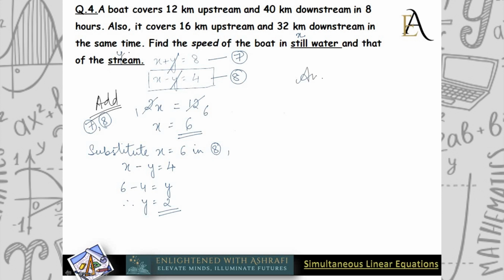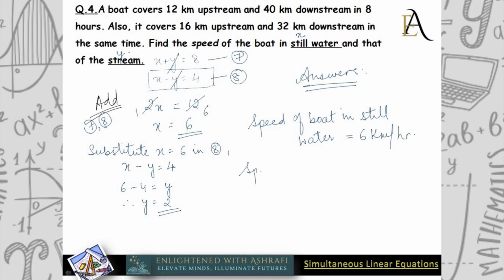Therefore the final answer is the speed of the boat in still water is 6 kilometers per hour, and the speed of the stream is equal to 2 kilometers per hour. I hope it's clear. It's a bit lengthy sum.